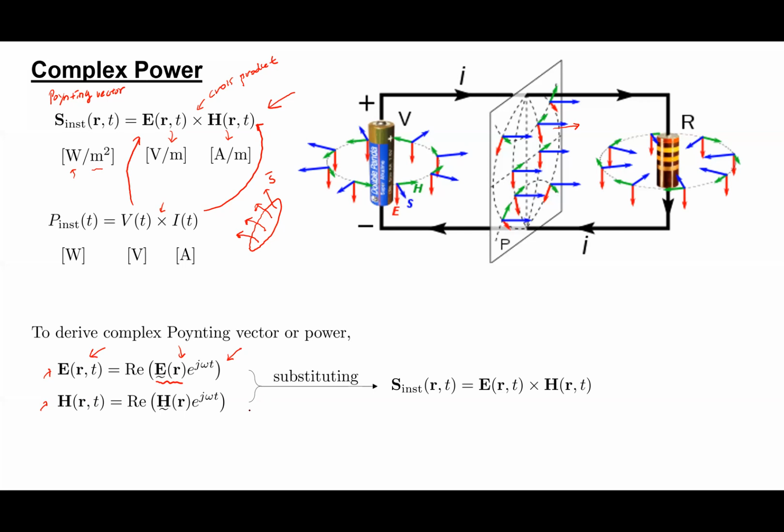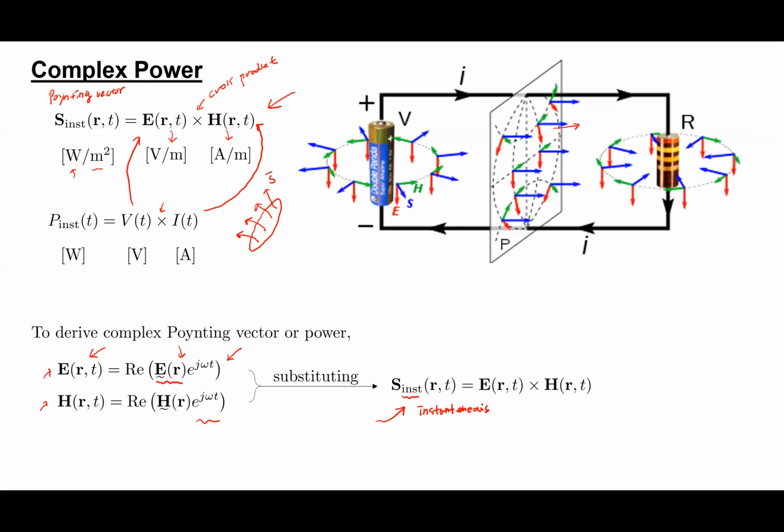Then let us substitute this representation into the Poynting vector. Actually, this subscript means the instantaneous Poynting vector, so it changes over time.